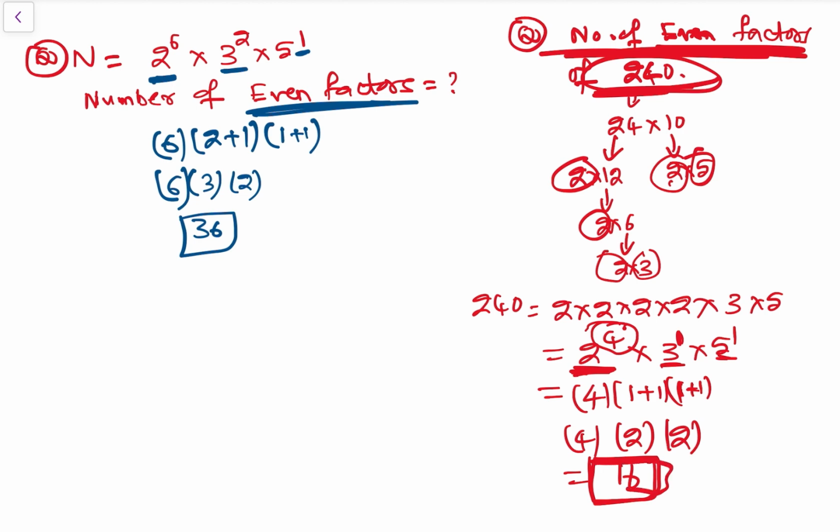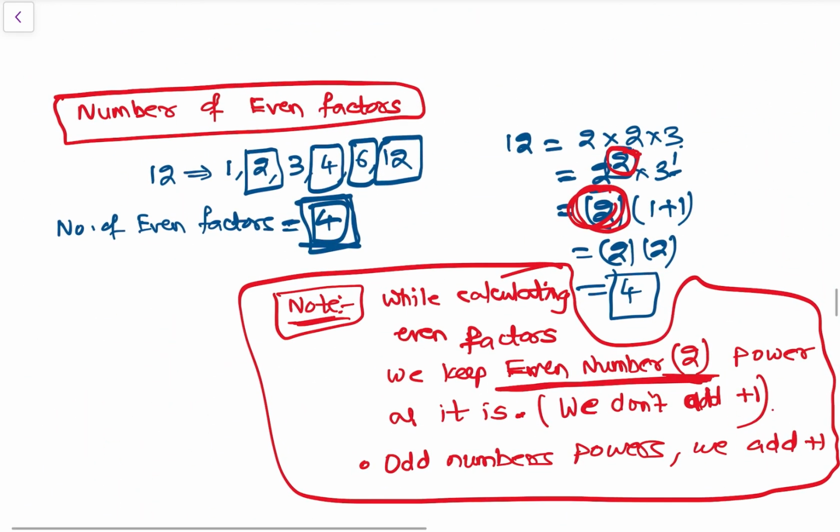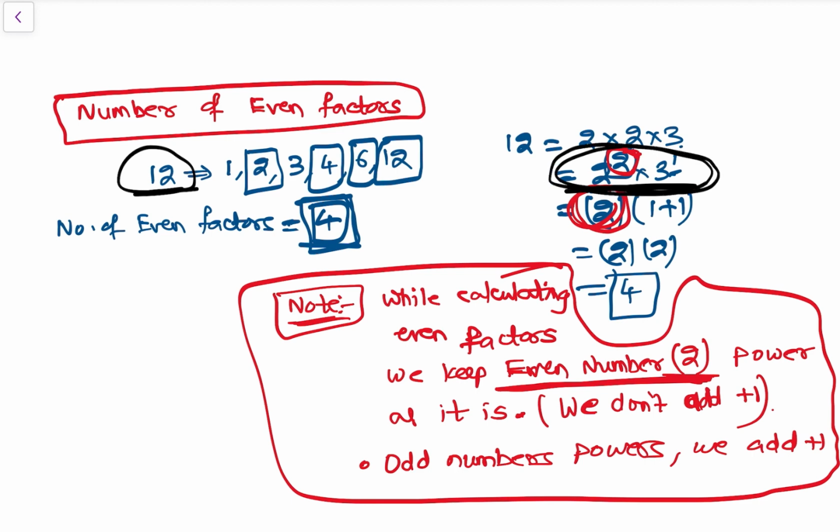So now let's see. One thing you can ask is why we are not taking 2 to the power 0 only. So the explanation can be given as, see here, for this 12, this is 2 to the power 2 into 3 to the power 1, right, we got.